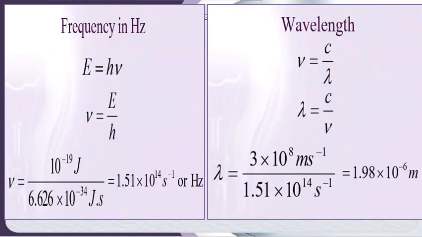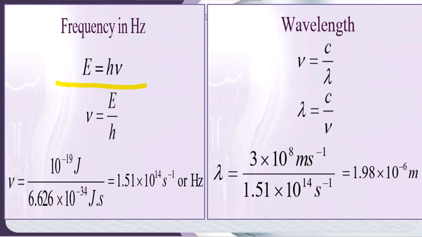Now here you can see the frequency in hertz or the wavelength is given. Frequency in hertz you have to calculate by the use of this equation, that is E is equal to h nu. We have only given the value of energy, that is 10 to the minus 19 joules, right?